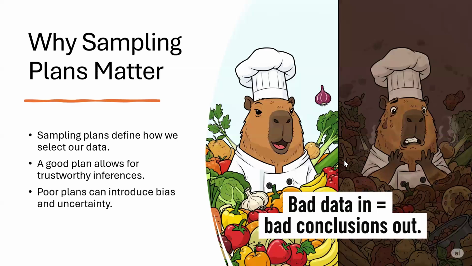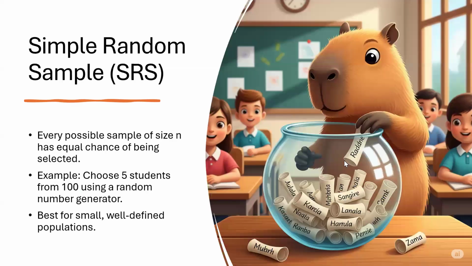For example, if you only survey students in the cafeteria at 11 a.m., you're probably missing commuters or those with off-campus jobs. That's sampling bias. We need to design our data collection to reflect the population accurately, not just the most convenient or vocal participants.